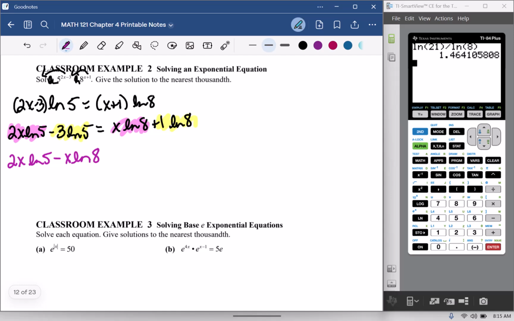And then equals, on this side, I have a 1 ln of 8, and then this was a negative, so it's going to be a plus 3 ln of 5.